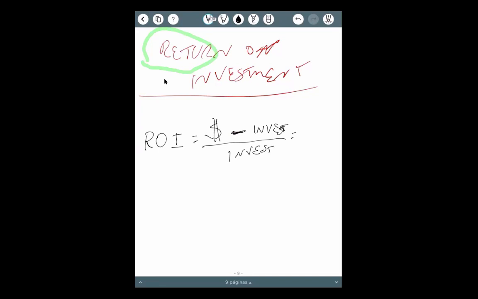Okay, for example, let's suppose that we are launching a new website. Of course, I'm giving you a very simple example. But let's suppose we will launch a new website and we will spend 100,000 euros, for example.